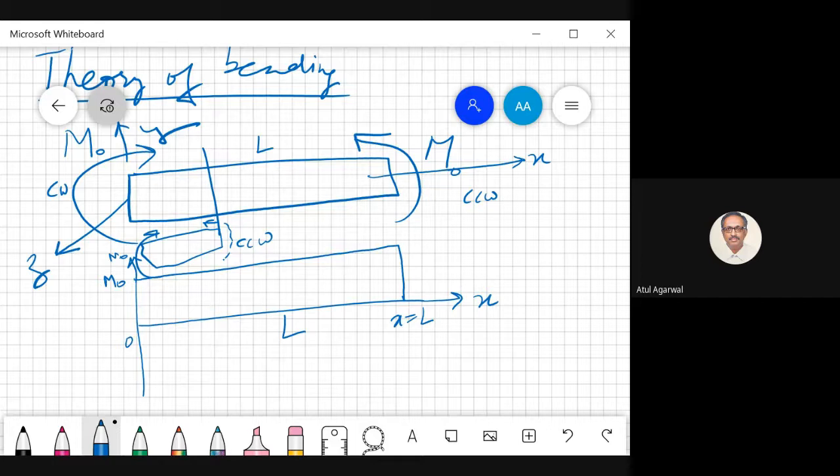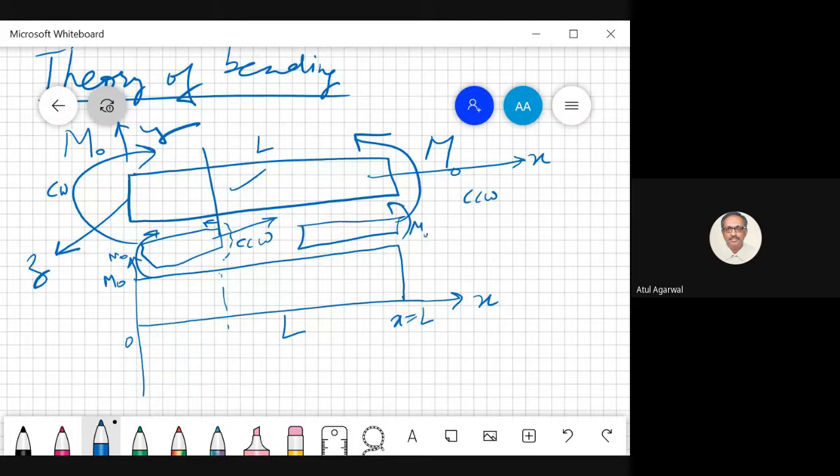You see again, this area normal is positive, the moment is counterclockwise, so two positives make a positive bending moment. So at this point, you have a positive bending moment. Had you taken the right hand side free body diagram, then the external moment is clockwise.